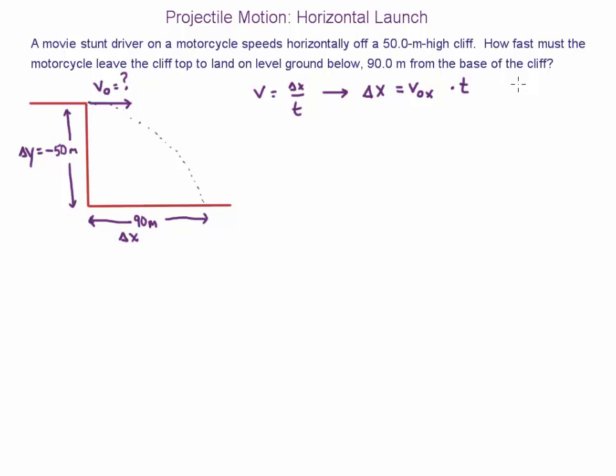This is a horizontal launch, so V0x is just going to be our initial velocity. But V0y, because it's a horizontal launch, is just 0. So we do know the initial velocity in the y direction. We also know g, negative 9.8 meters per second squared. So we know a lot more than we thought we did.